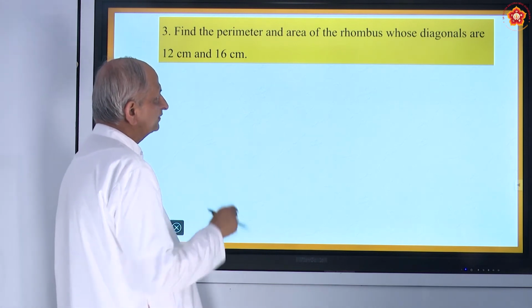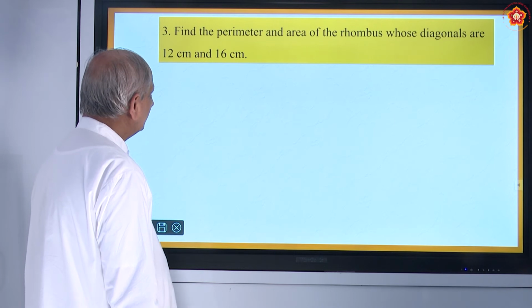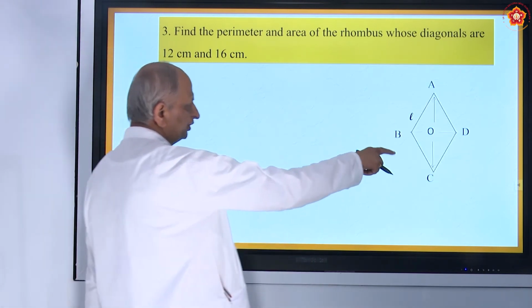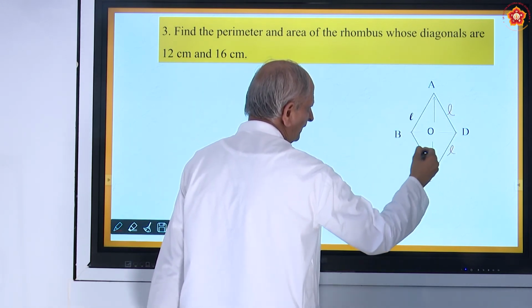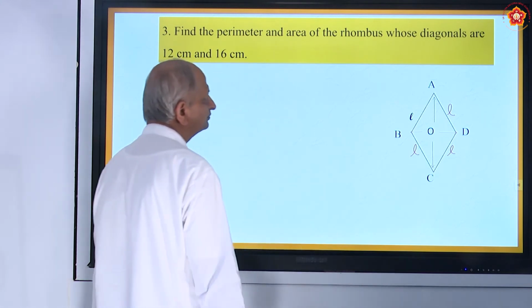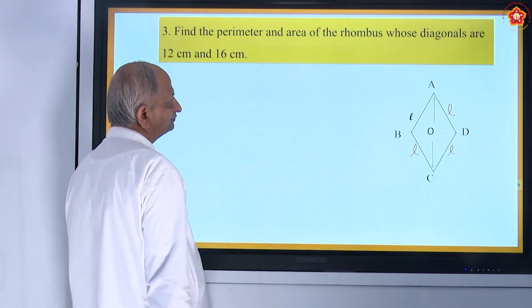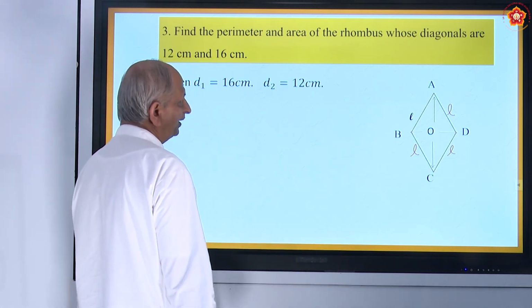Now about rhombus. Find the perimeter and area of the rhombus whose diagonals are 12 and 16. So this is a rhombus. As I just now told you, in a rhombus all the sides are equal. But here they are asking perimeter. For finding perimeter, the length is not given. Then what are they given?